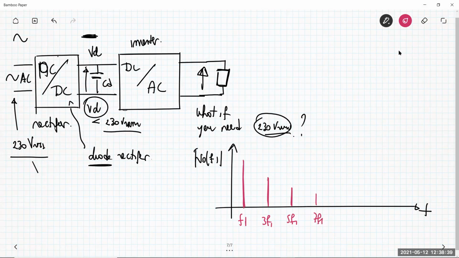Basically, these harmonics reduce in amplitude as the frequency increases. Suppose your MF is 9, so the switching frequency is 9 times the frequency F1. So you are at 9F1 here. This is Fs. What happens here is that this harmonic is a little bit higher.